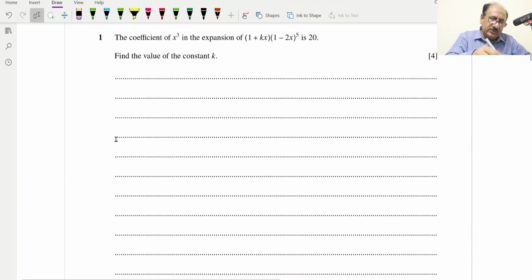Question 1 says the coefficient of x cube in the expansion of this is 20. Find the value of the constant k. For this one we require the powers containing the second term.